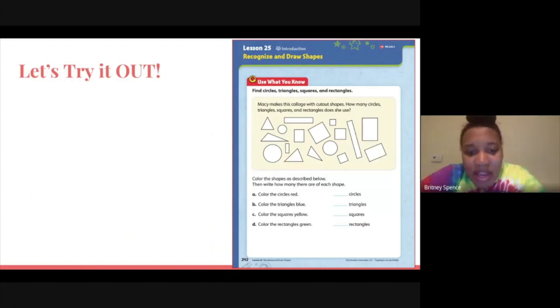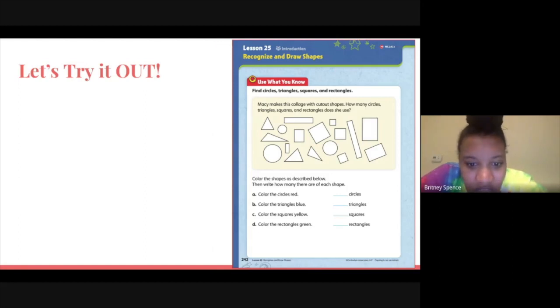Okay, so let's try it out. Let's read it together. Use what you know. Find circles, triangles, squares, and rectangles. So it says, Macy makes this collage with cutout shapes. How many circles, triangles, squares, and rectangles does she use? So we may need to pause for a second just to scope out the picture.